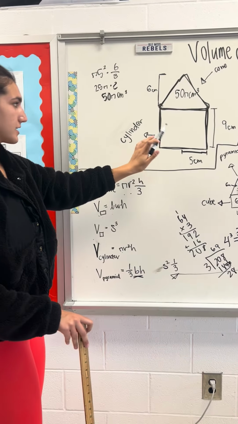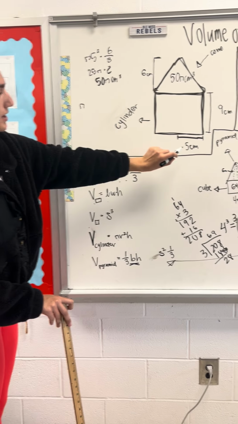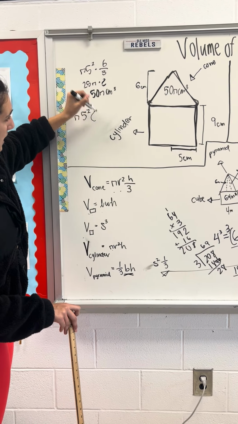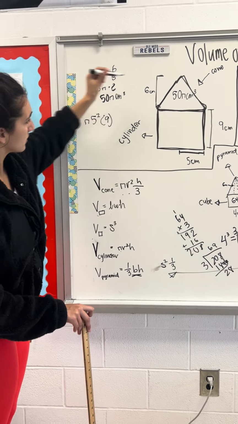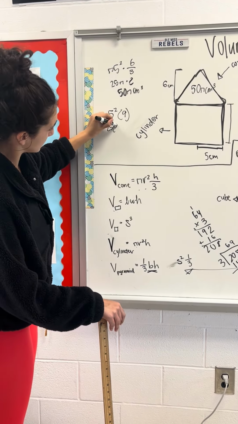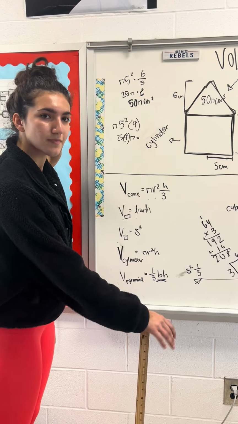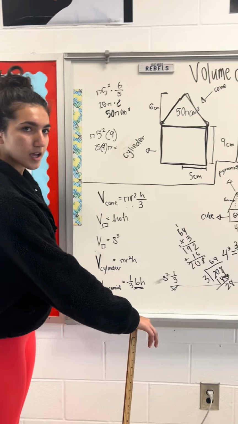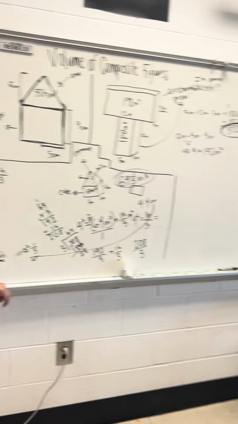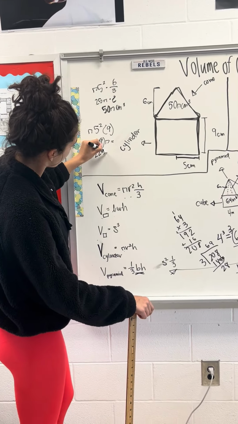Now we're finding the volume of our cylinder. We have pi, our radius is 5, so 5 squared, and times our height, which is 9. And then we get 25 times 9 pi, which equals 225 pi.